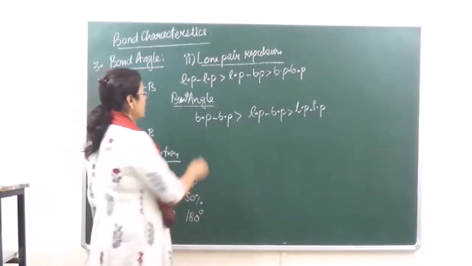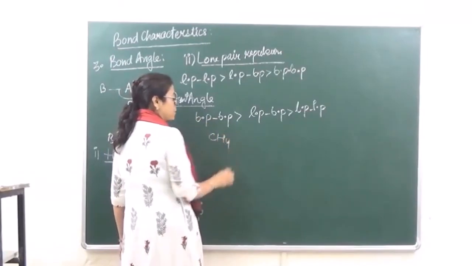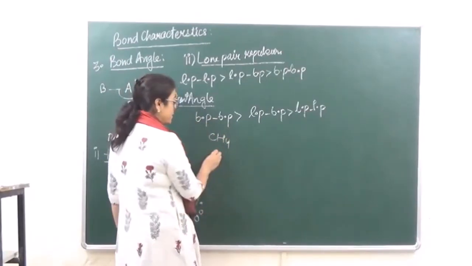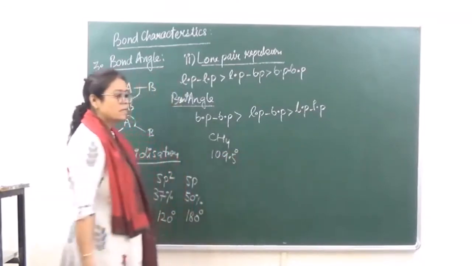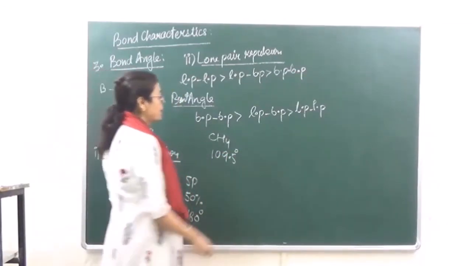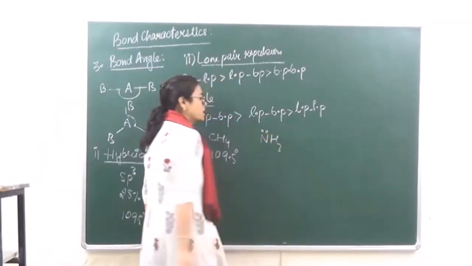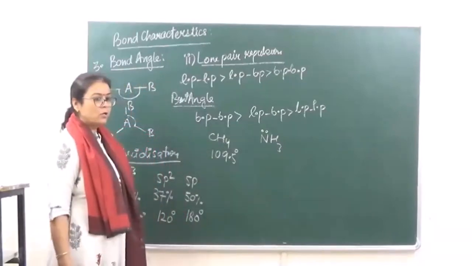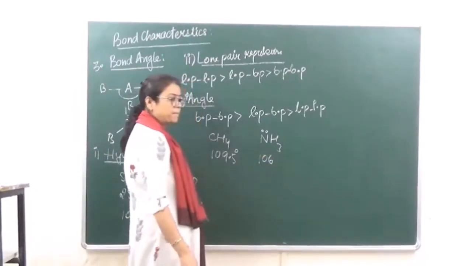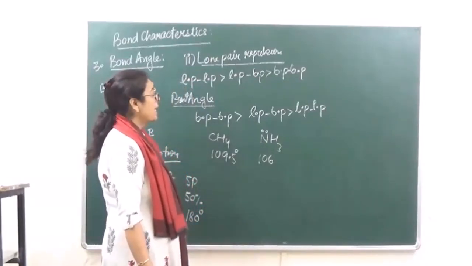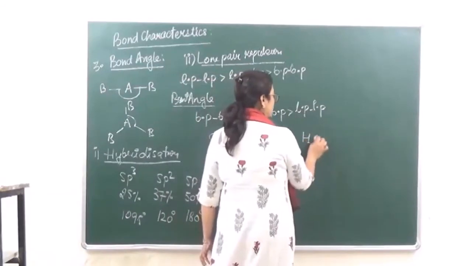Okay, so यहाँ पे bond pair, जैसे for example we can take the example of CH4, all bonded pairs are present, so the bond angle that is 109.5 degrees. In case of lone pair and bond pair, we can take the example of NH3. There is going to be only one lone pair over here. The bond angle is 106. ठीक है? And in case of lone pair, we can take the example of water.